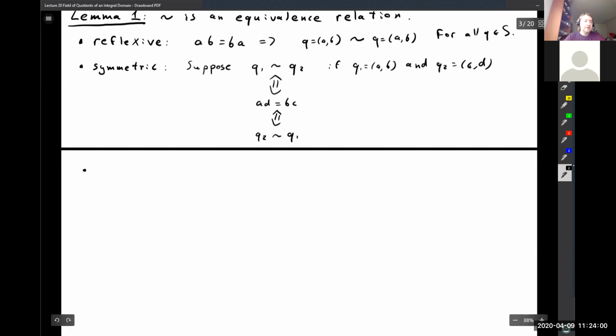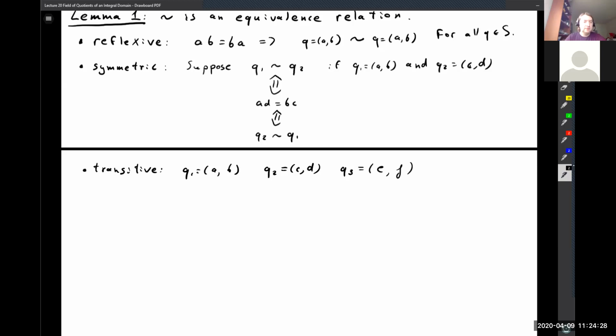And finally, for the transitive part, that's actually the most interesting one here. So let's take Q1, which will be A over B. Let's take Q2, which will be C over D. And finally, let's take Q3, which will be E over F. And let's look at what the equivalence of Q1 and Q2 and Q3 imply.